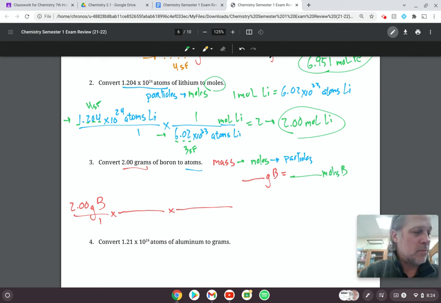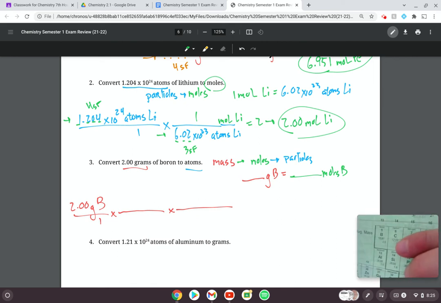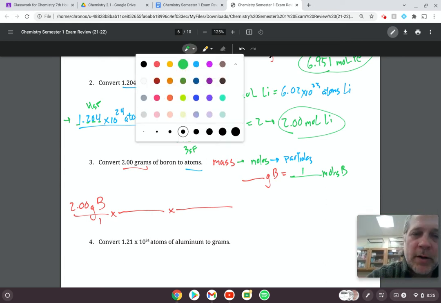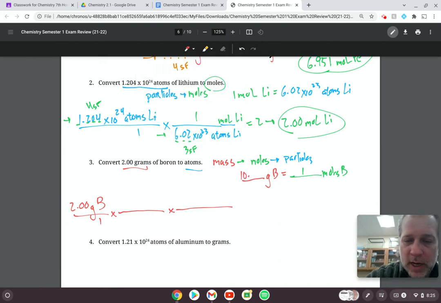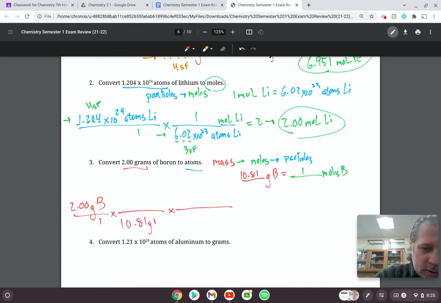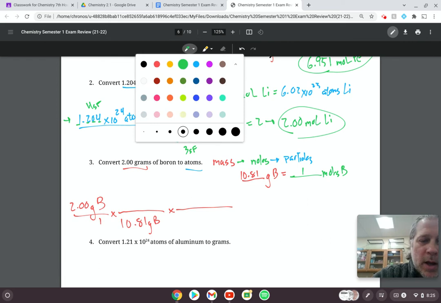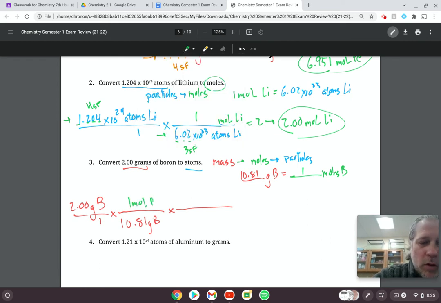If I locate boron in the periodic table, I see that boron has a mass of 10.81. So that tells me that in 1 mole of boron, there should be 10.81 grams of boron. Okay, so I'm going to set that part of my problem up first. I'm going to put my 10.81 grams of boron in the bottom and my 1 mole boron on the top.